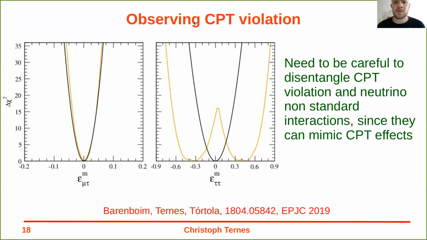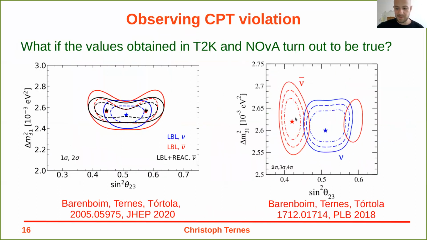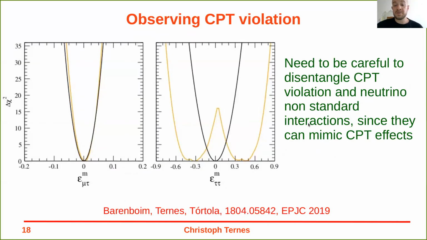In case of such an observation, one has to be a bit careful, because there could be mimicking effects between CPT violating neutrino oscillation parameters and NSI. So what we did here is that we created again the same fake data set as here, but we analyzed it in a CPT conserving way with NSI. And you see that the result is basically the orange curves here, and that the data can be fit in an excellent way with a relatively large value for epsilon tau tau.